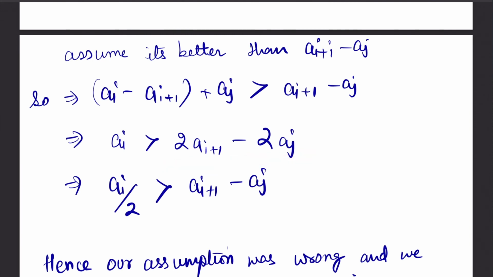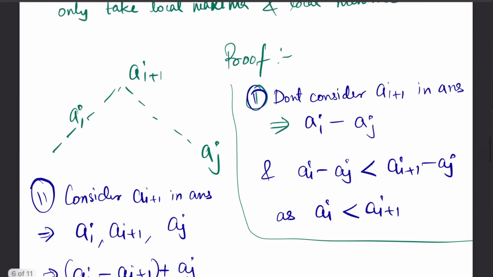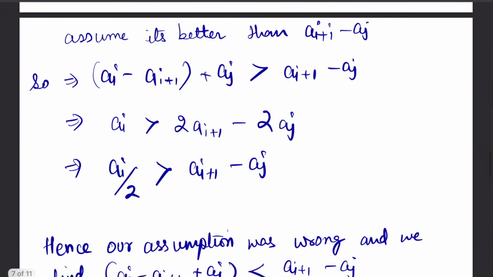So that means a of I plus 1 minus a of j is actually smaller than a of I by 2, which particularly means that if this is a of I and this is a of j, and if this is a of I minus a of j, this is actually smaller than a of I by 2, which is actually half of this length. So that means we are saying that this particular length is smaller than this particular length, which is false.